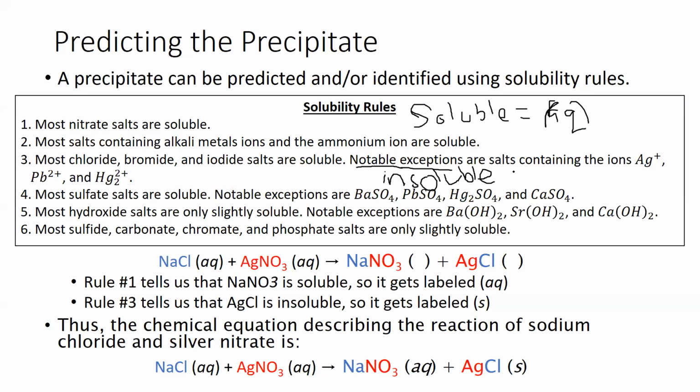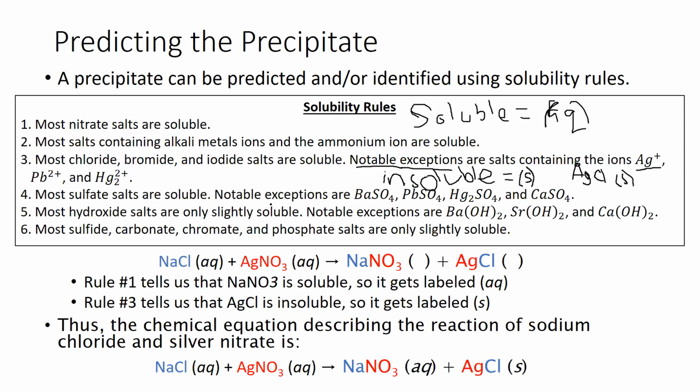The exceptions mean it's insoluble, which means that it's going to be a solid. Okay. So if you have something like rule 3 that says most chloride, bromide, and iodide salts are soluble, and you have some exceptions, and silver plus is an exception, that means that AgCl, right, is going to be a solid. Okay? And so we continue through the rules.